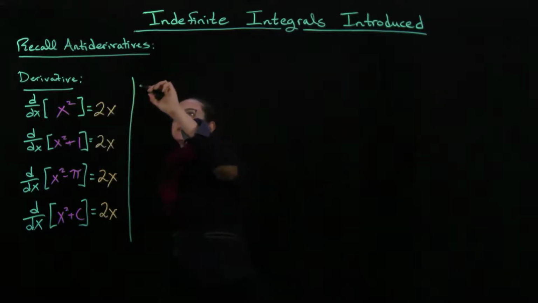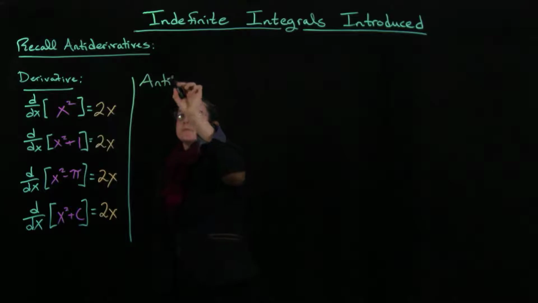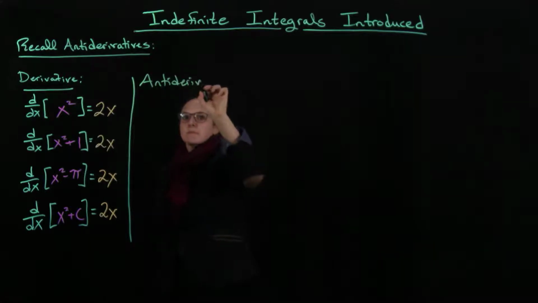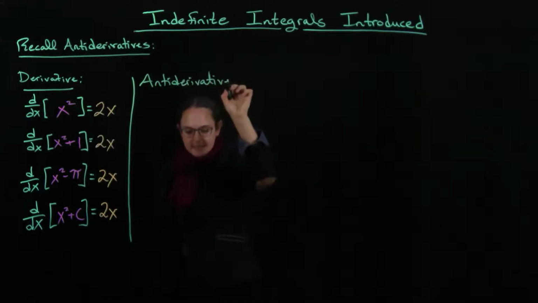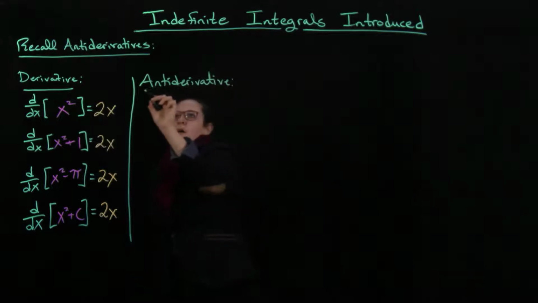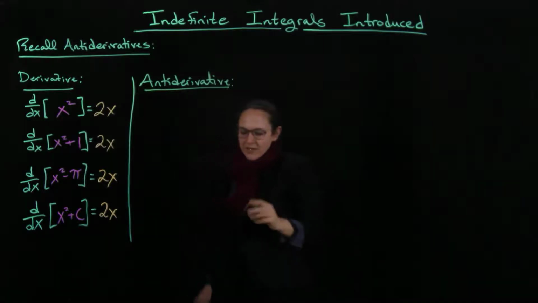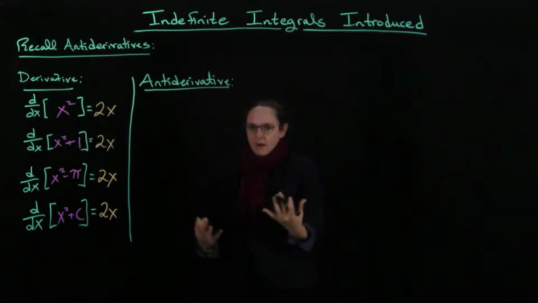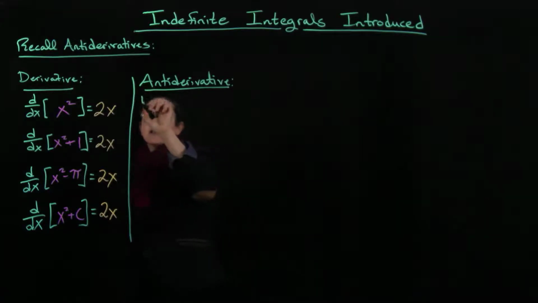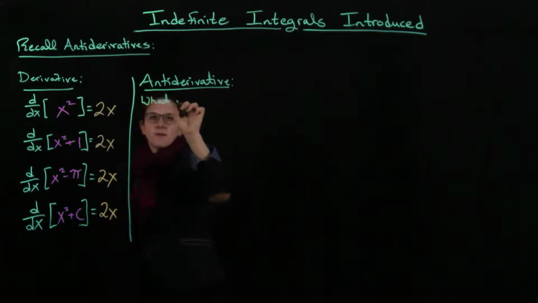So for the antiderivative, I need to ask myself, what is 2x the derivative of? Okay, so what is this 2x the derivative of?